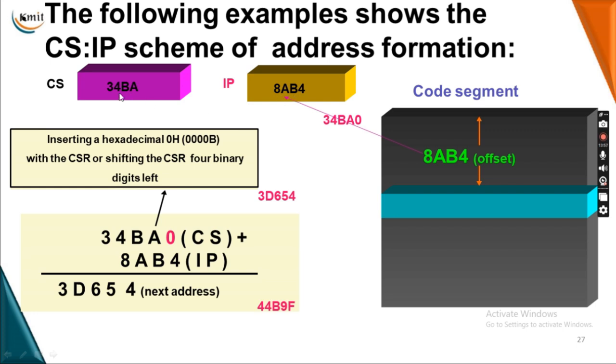I need to take the segment register 34BA, times 10, that is 34BA0, plus the offset address 8FB4. If I add, 3D654 is my next address from where I need to fetch the instructions. So 3D654 is my physical address. It will go to that corresponding physical address, and the data will be fetched to the instruction queue and continue the process.